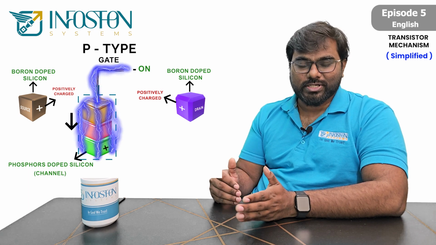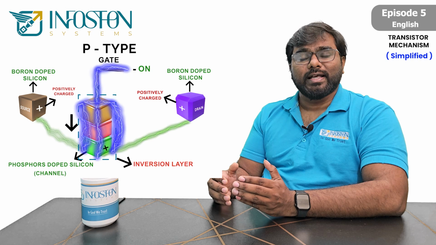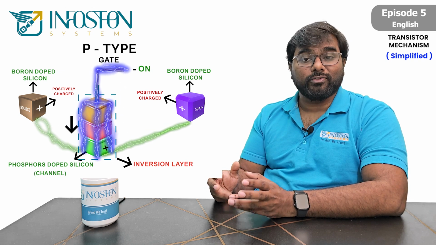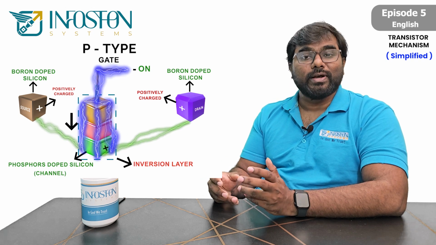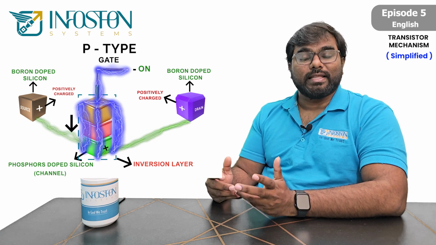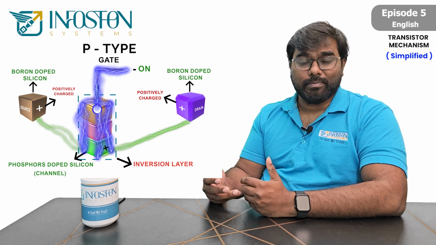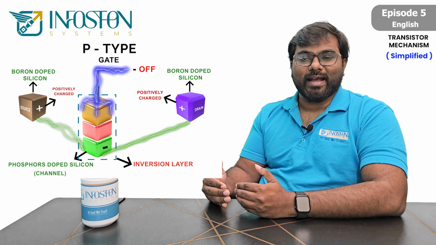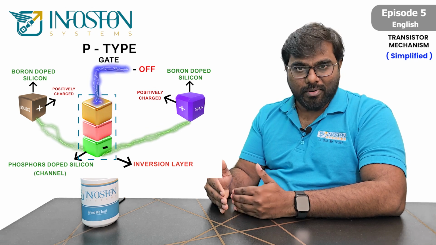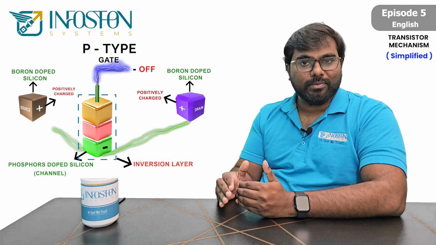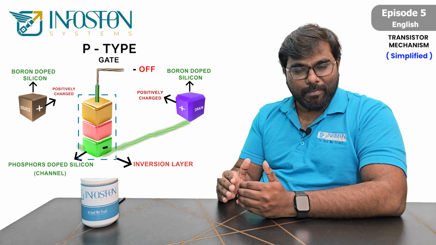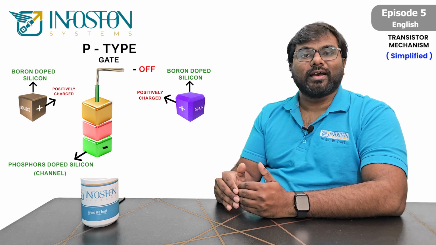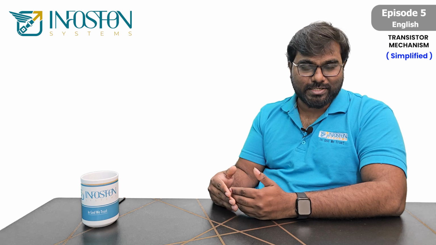So the electric field makes the inversion layer that will attract the holes from source and drain, because source and drain are made up of positively charged silicon. The gate is negative, the source and drain are positive, opposite charges, right? Then they attract each other. So the channel will act as a bridge. It will allow the current, meaning holes, to flow from source to drain. This is how the p-type transistor works.